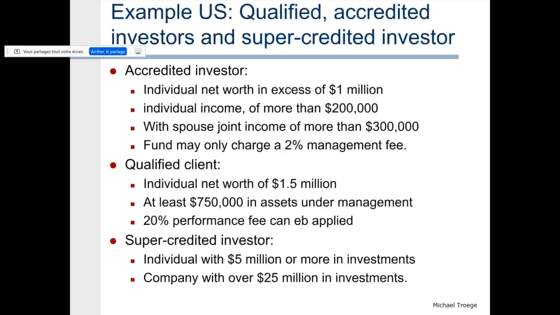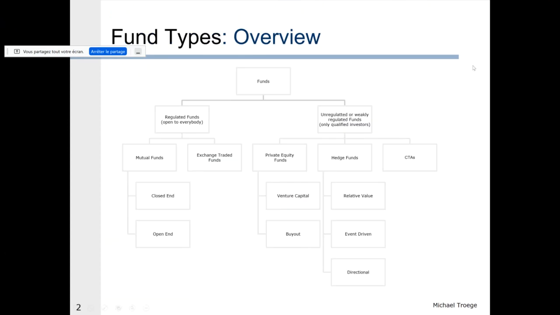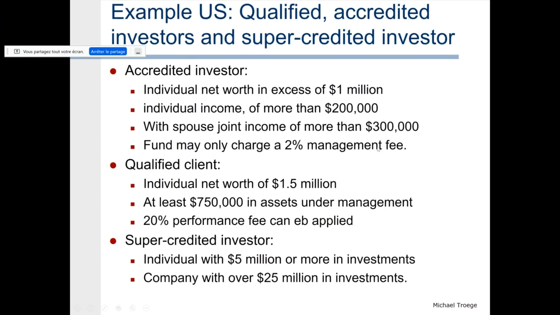Just to give you an idea, the investors that are allowed to invest in these unregulated funds are normally called accredited investors. In the original regulation, there was only one type of accredited investor. Now there is also a so-called super accredited investor, because the regulation has been softened over time.